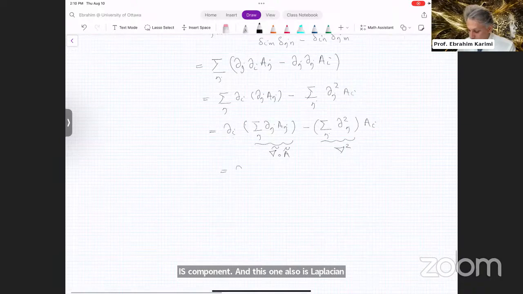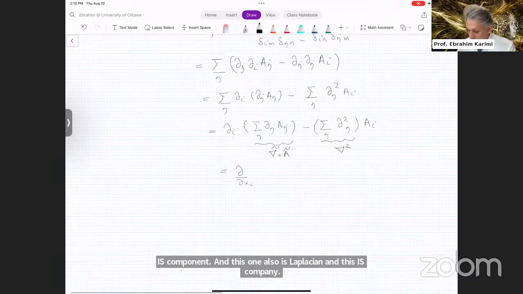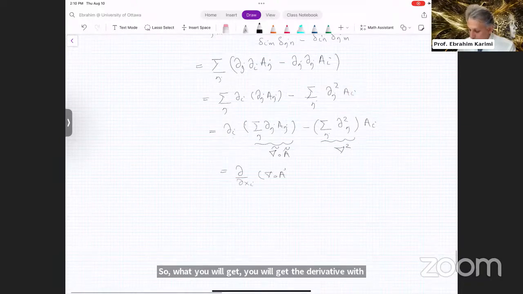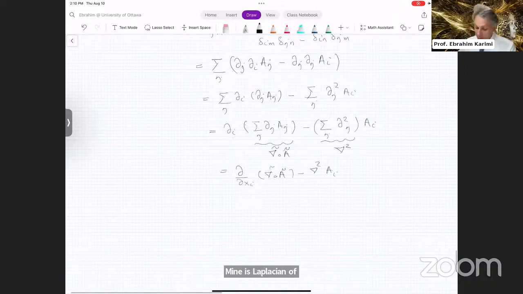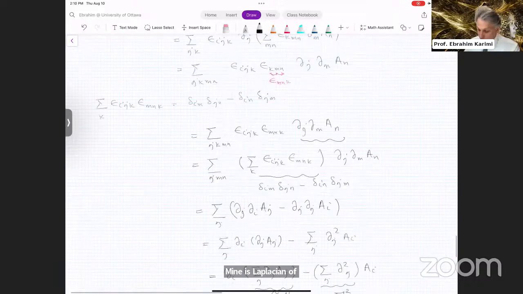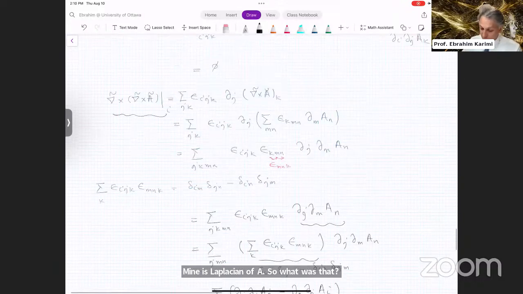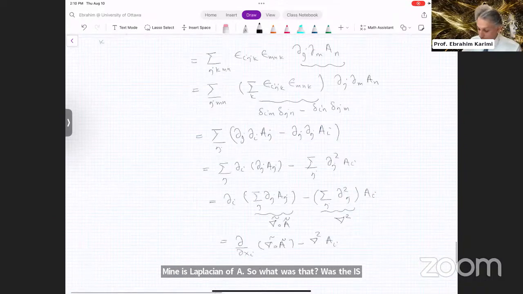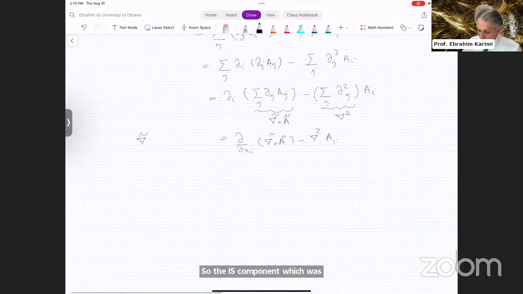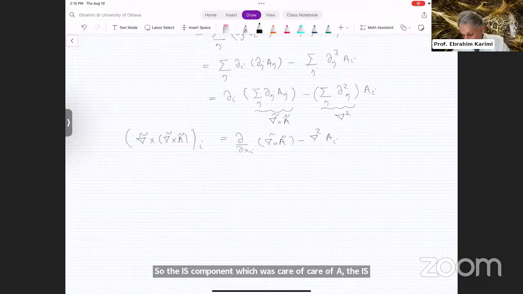So what you will get is the derivative with respect to x i of divergence of a minus Laplacian of a i. So what was that? That was the i-th component of the expansion, which was curl of curl of a, the i-th component. If you expand it, you will see that you have it for 1, 2, and 3, and then you will get all of the components.